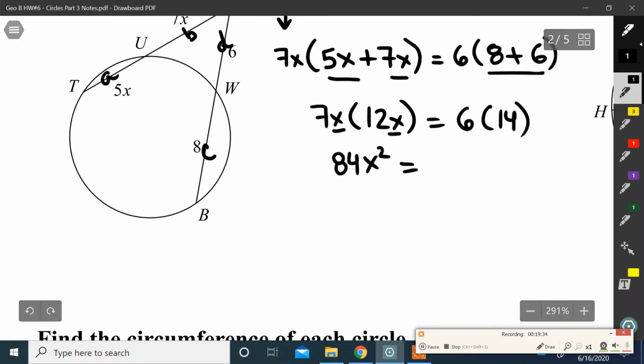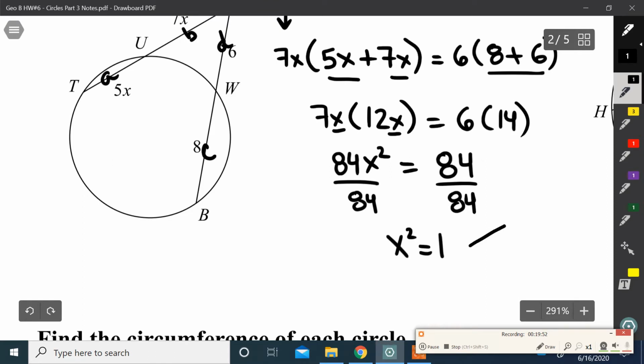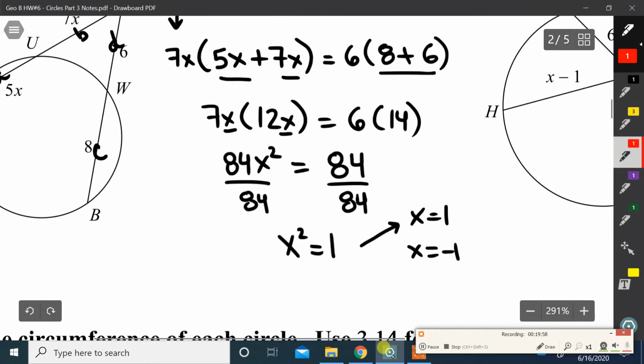Is equal to, well, 6 times 14 is also 84. That's great. So that means that when I divide by 84 on both sides, I actually get x squared is equal to 1. This means that x is equal to 1 or x is equal to -1. But we already know that this cancels out.